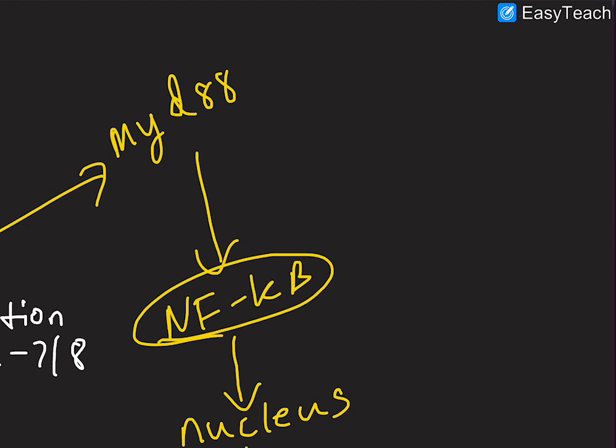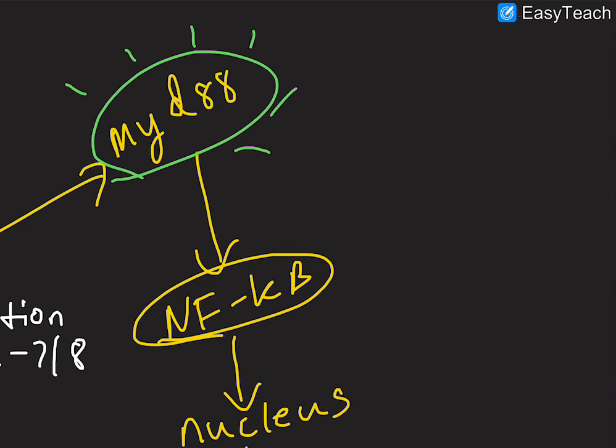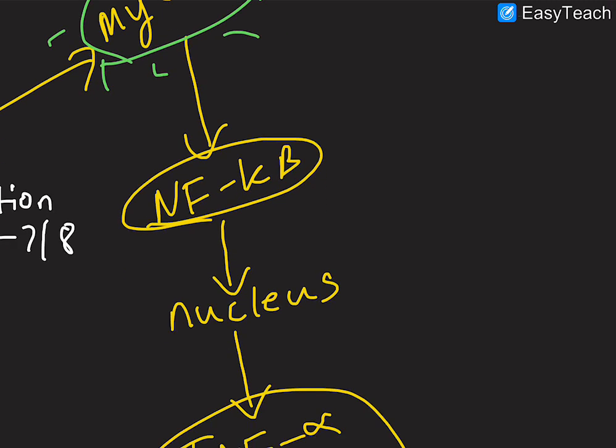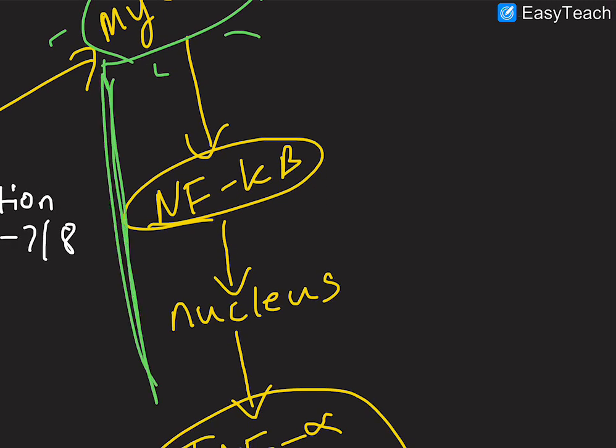But what also happens when toll-like receptor 7 and 8 get activated? Yes, they do activate the MyD88 pathway, but they also activate the IRF7 pathway, okay? Or the IRF7 molecule. So MyD88 activation leads to the production of cytokines. All right, so it leads to this pathway right here.